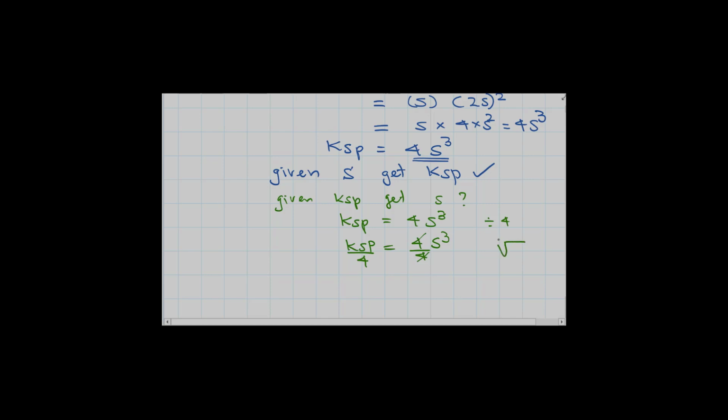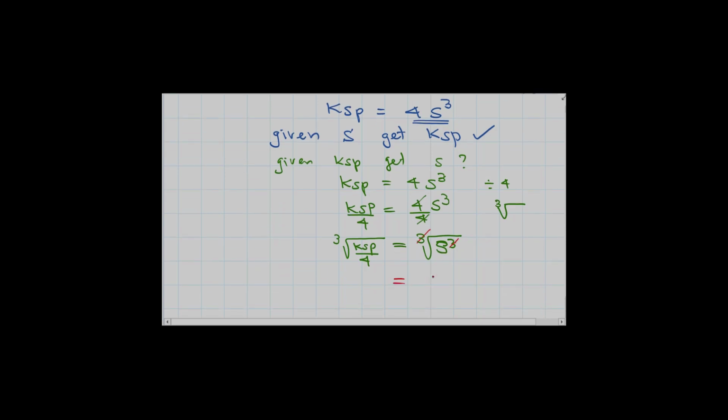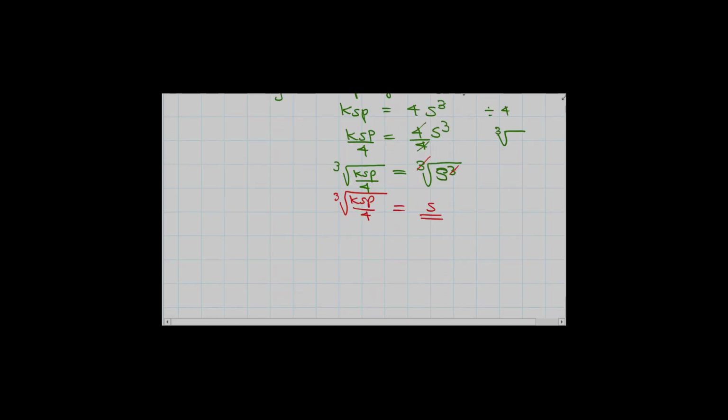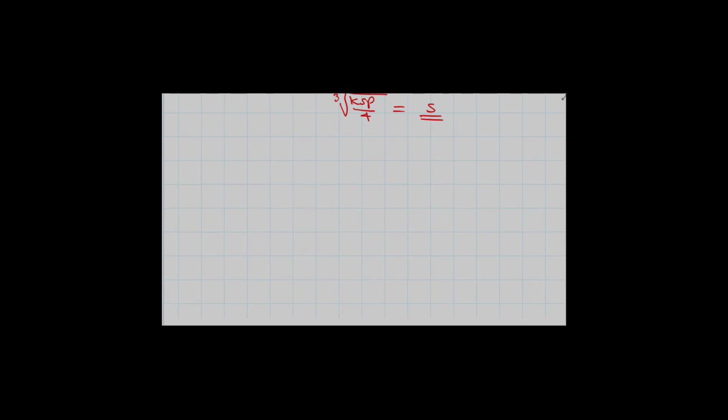Now you take the third root of each side. So the third root of Ksp divided by 4, and the S cubed cancels out, voila, you get S. So that's how you get the S, the answer you need: the third root of the Ksp divided by 4 inside the bracket. The brackets are important when you use the calculator. I'll show you in the example.